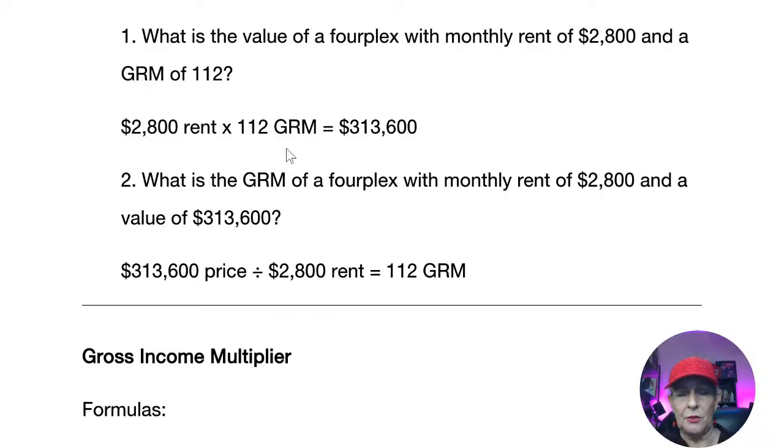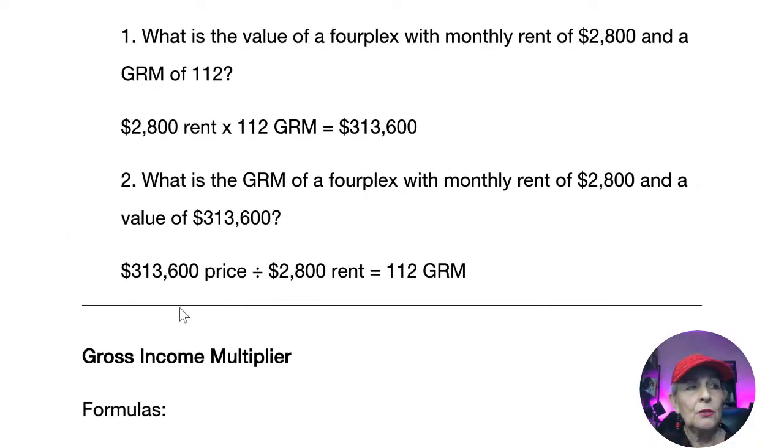That factor equals $313,600. So that would be the value of it, with monthly rent of $2,800 and a gross rent multiplier of 112.